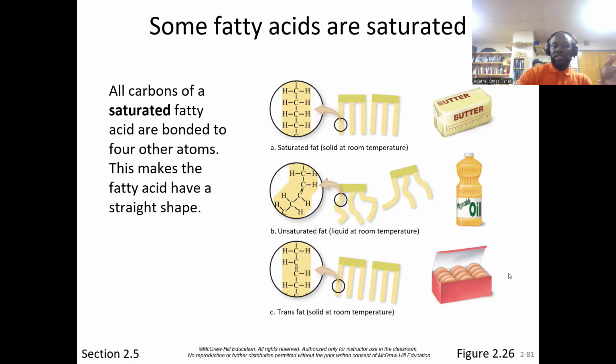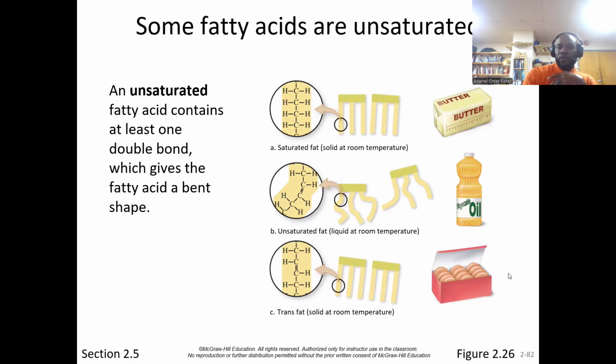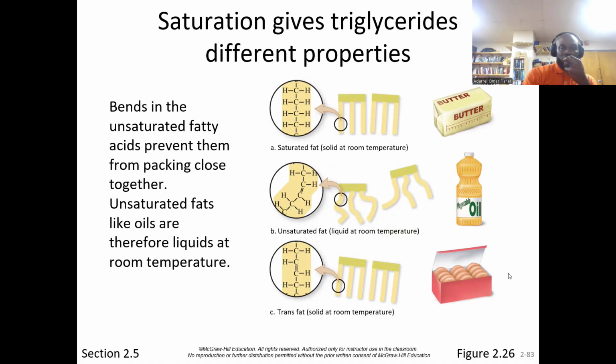Unsaturated fat is liquid at room temperature. And you also have trans fat, which is solid at room temperature. It depends how the carbons and the hydrogens are bound to each other. So unsaturated fat has at least one double bond.